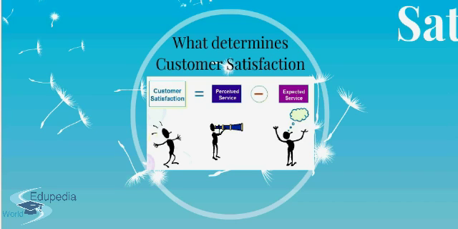Now this difference between perceived service and expected service will determine customer satisfaction. If expected service is greater than perceived service, then the customer will not be happy. But if perceived service is greater than expected service, the customer will be highly satisfied and will be happy and delighted.